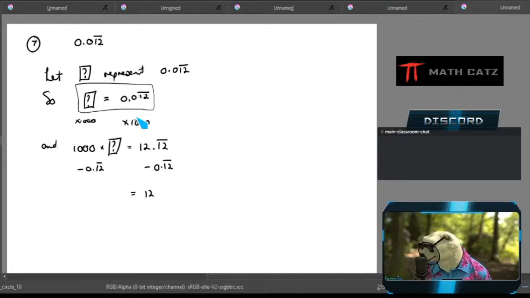0.12 repeating. It's very close to this guy. This guy has an extra 0. I can get rid of that by moving the decimal point once. Then they'll look the same. And if I move the decimal point once, that is the same as multiplying by 10. So what I want to subtract is equivalent to 10 question marks. Problem solved.